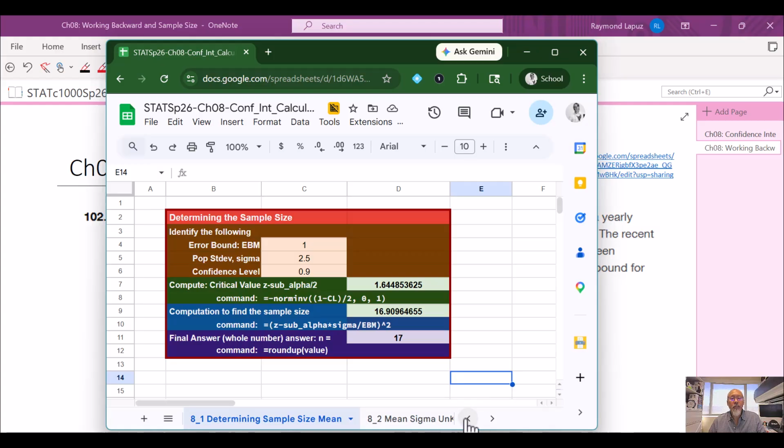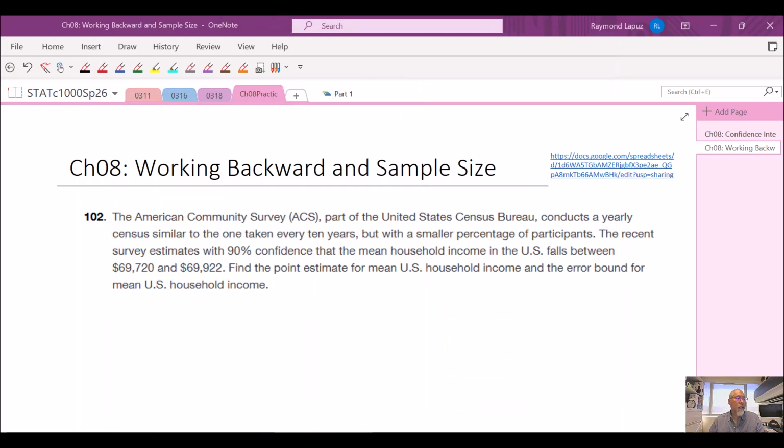I'm going to go back to the second 8.1, and then we'll take a look at how to do these things. I think you need an appropriate size window here for these tabs to work out.